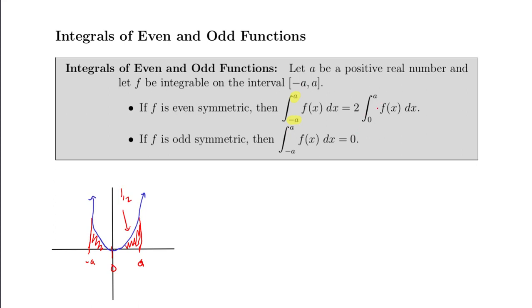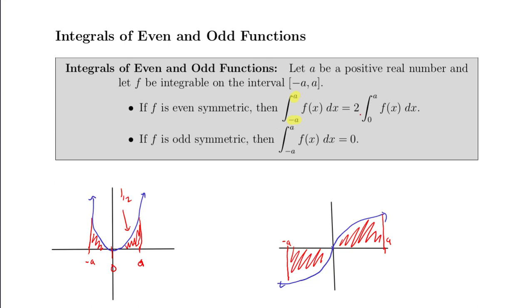Why is this useful? Well, maybe it's easy to integrate things and evaluate antiderivatives at 0 sometimes. More helpful, I think, is this nice odd symmetric thing. Because with odd symmetry, if we draw a nice odd symmetric function, maybe I'll do a cube root one this time just to get a little crazy, you can hopefully see that from negative a up to a, if we look at these regions here and we shade in areas, these are the same size, but one of them is positive and one of them is negative.